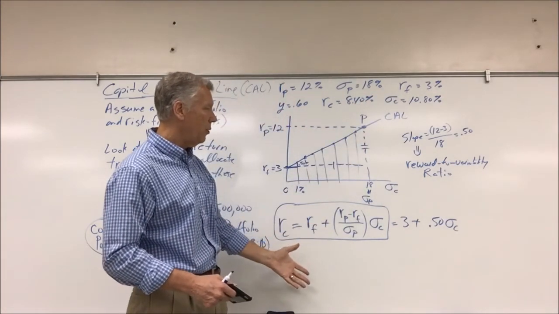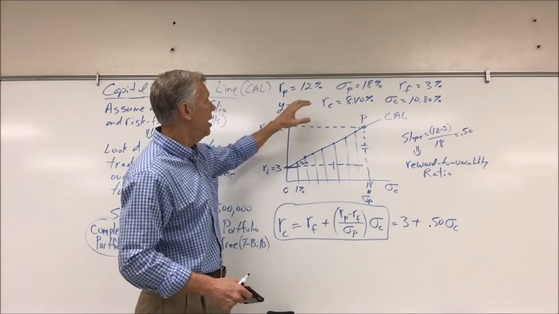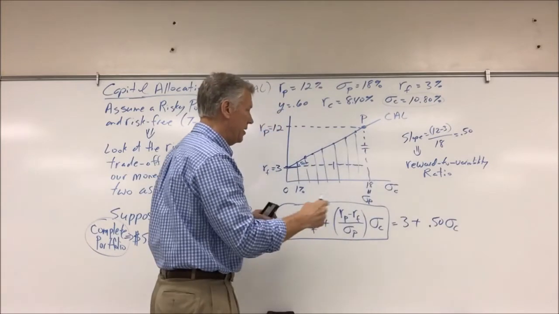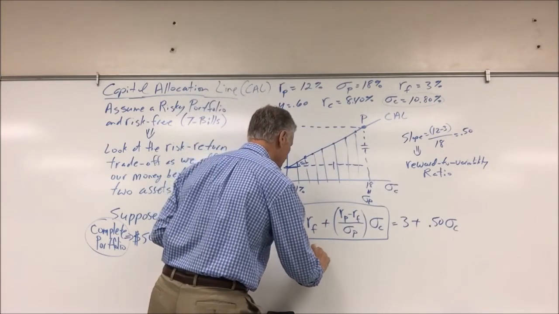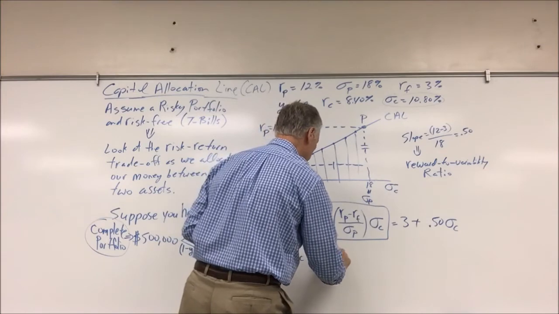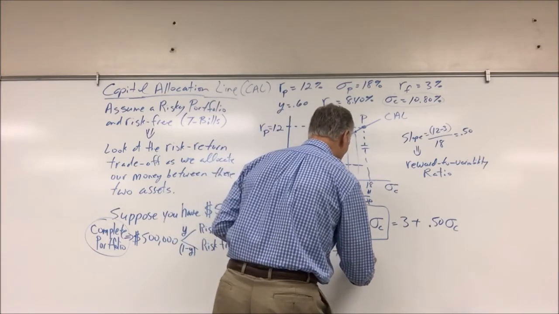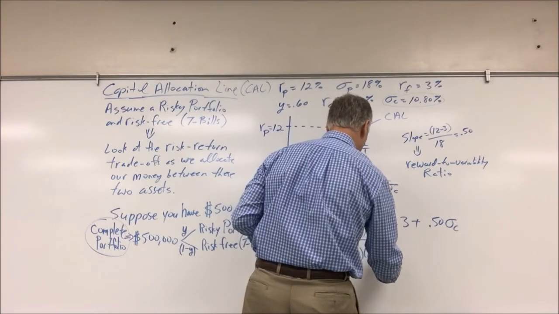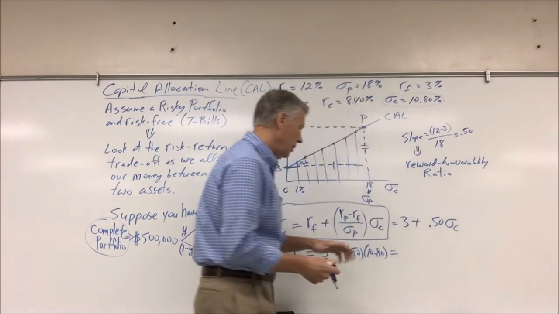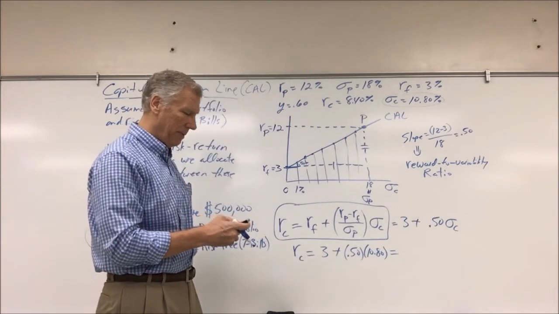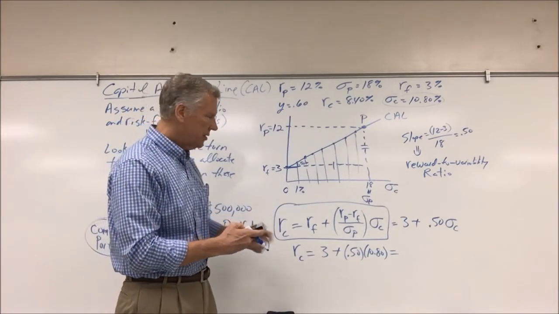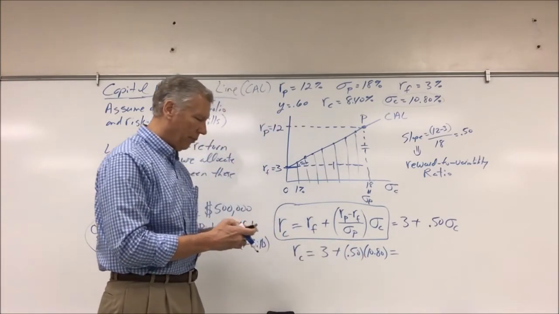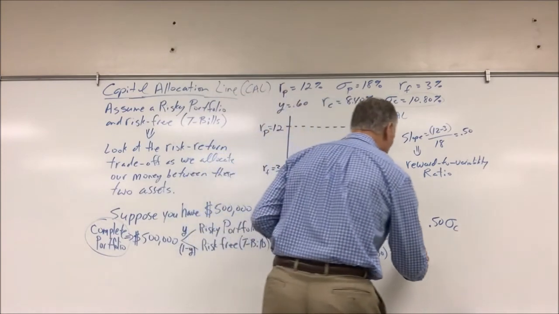So if we plug into this equation, what is the sigma C in this scenario? It's going to be this right here. That should be matching out. So my RC using this equation is going to be 3 plus 0.50 times 10.8. So 0.50 times 10.8 is 5.4, and 5.4 plus 3 equals 8.4%.